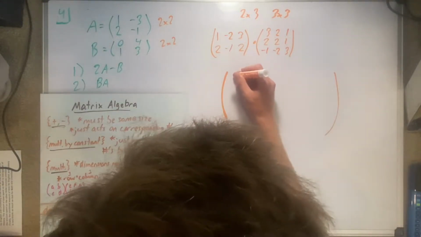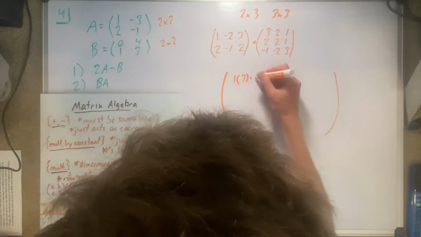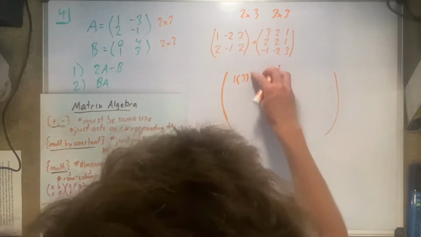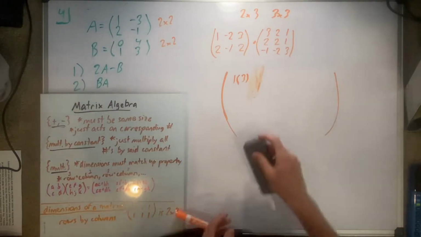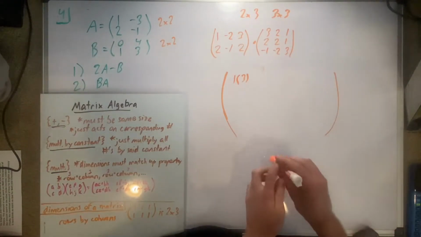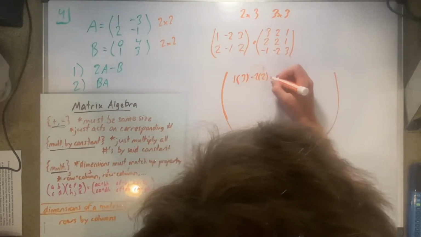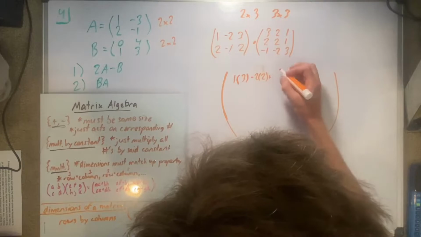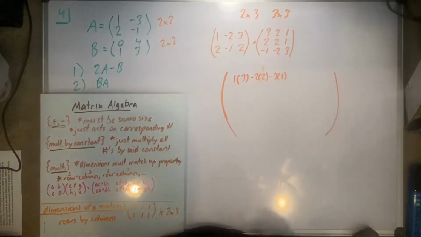So 1 times 3 plus, or it'd actually be minus 2 times 2, plus, or minus 3 times 1.